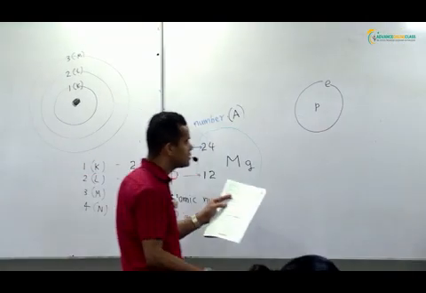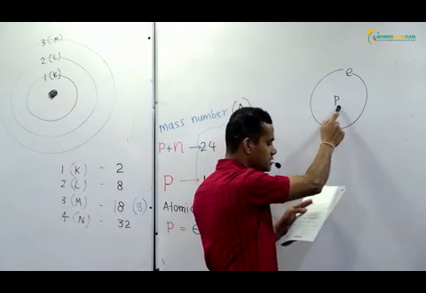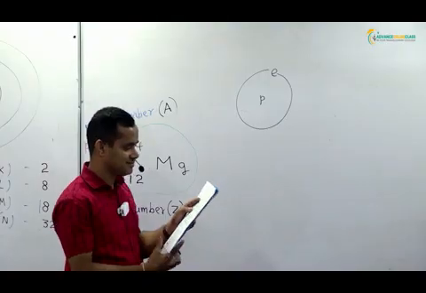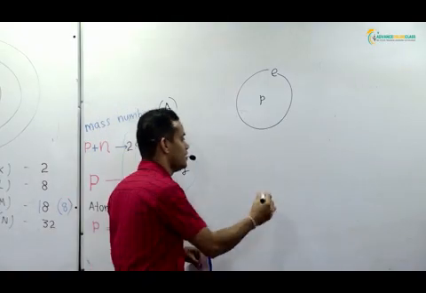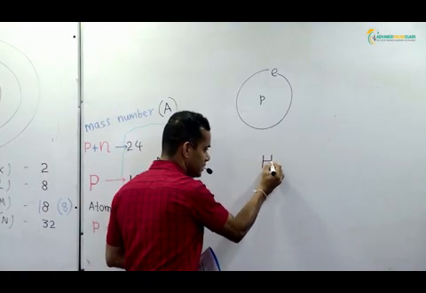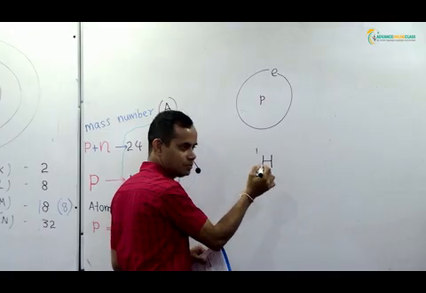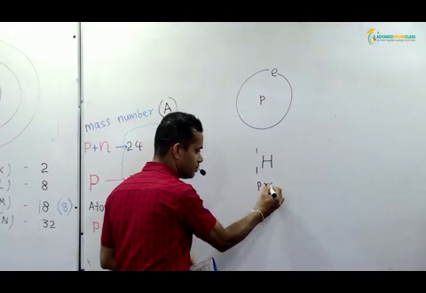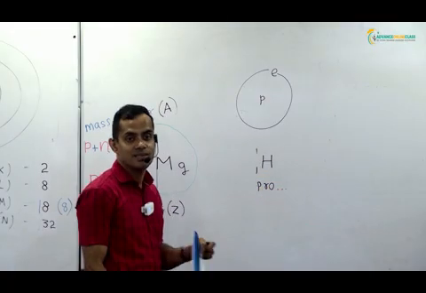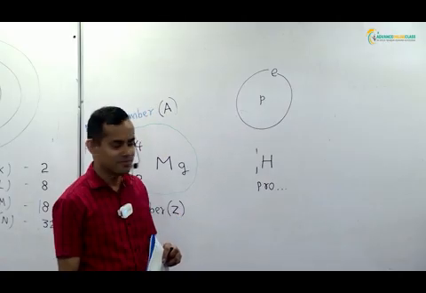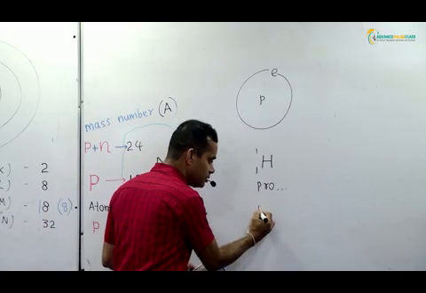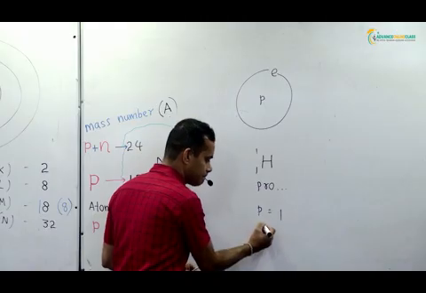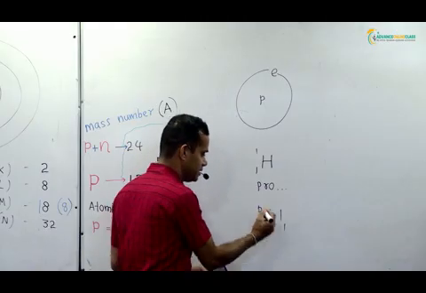Our first diagram is like this. What is the meaning of this? H11, protium. Protons 1. See, electrons also 1.